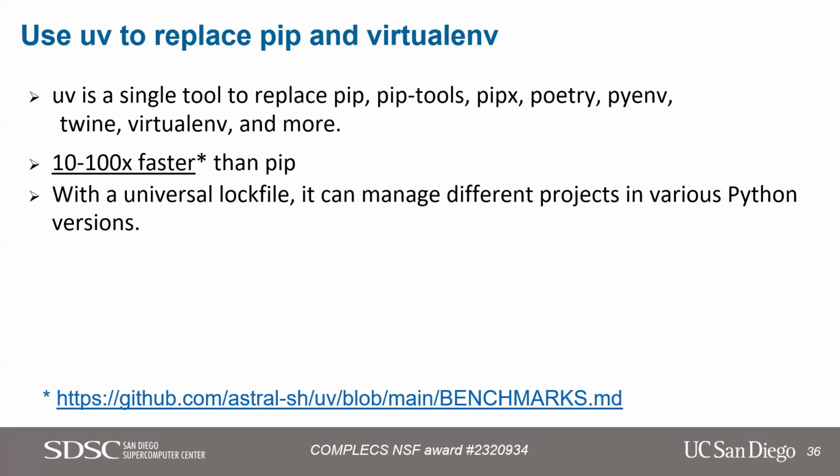This is because uv runs much faster than pip, and with a universal lock file, it can manage different projects in various Python versions. That's very specific for your Python projects. So that means you can start different Python versions and build Python libraries based on that particular version for each of your projects.